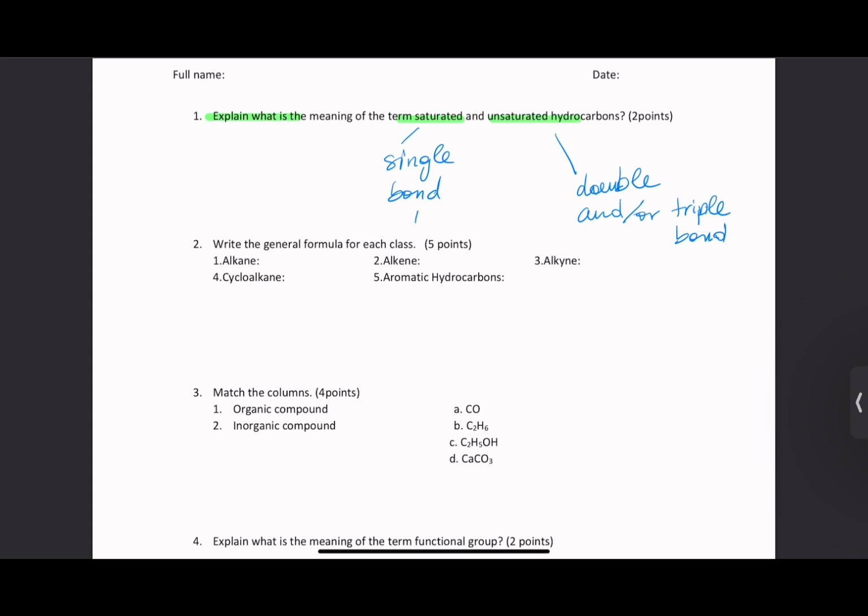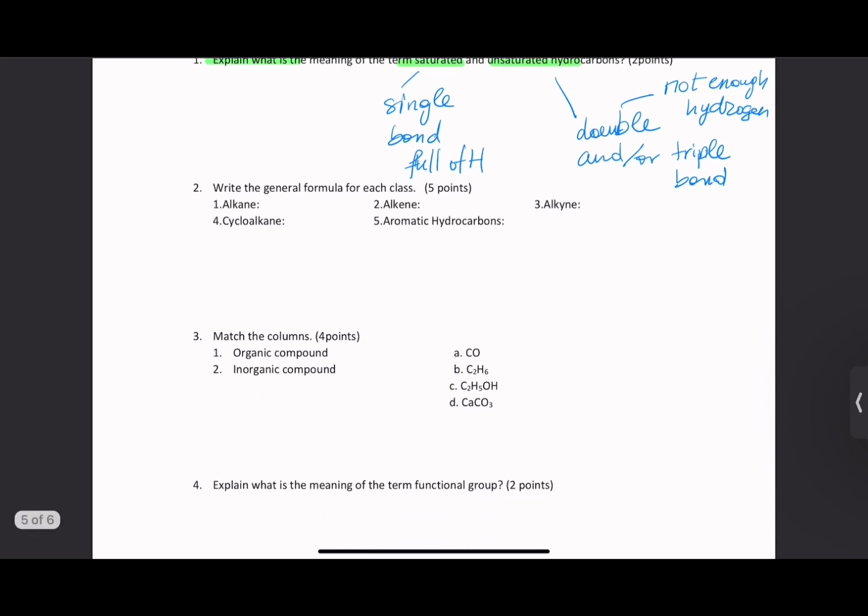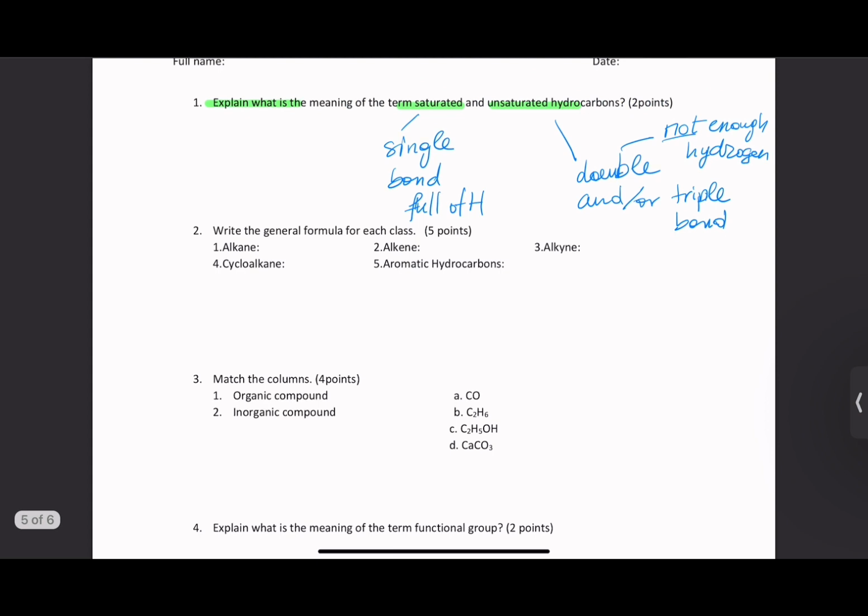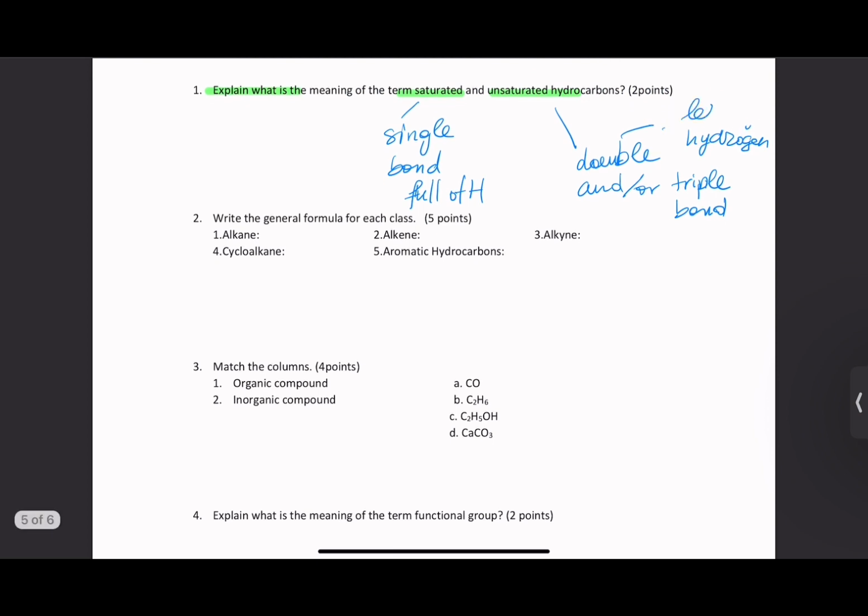So this one is full of hydrogen, and this one not enough hydrogen. Okay, we're not going to say not enough, but it'll be less hydrogens. Okay, it wouldn't be right to say not enough. It will be less hydrogen.